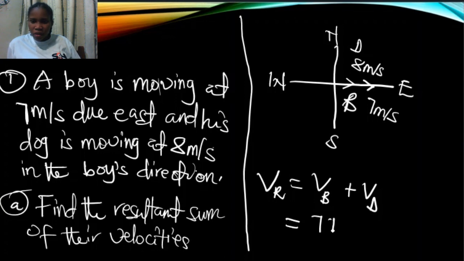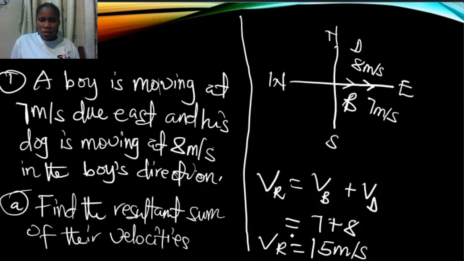That's 7 plus 8. That would give you 15 meters per second. So this is the resultant of the two vectors, the sum of the vectors of these two bodies.